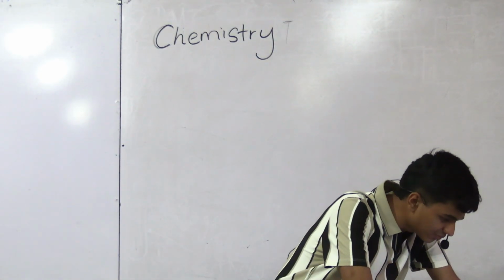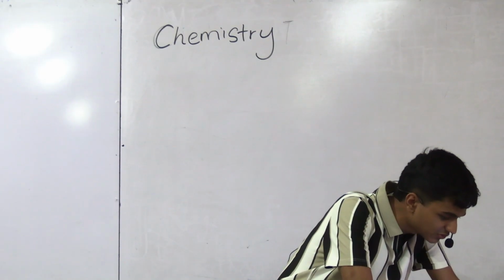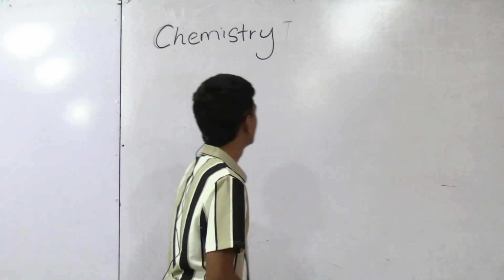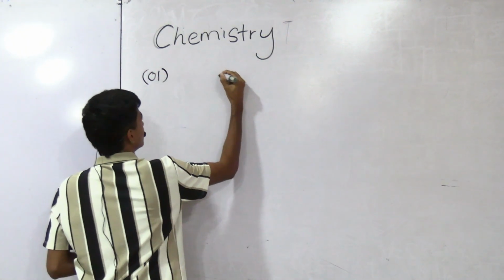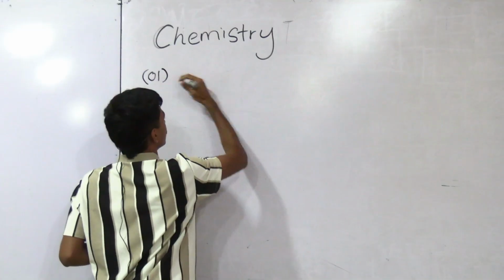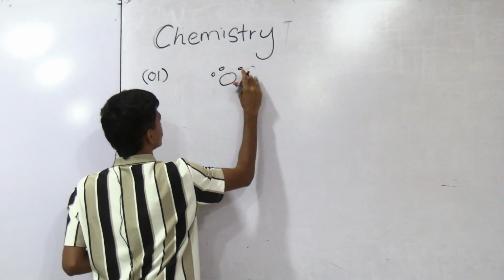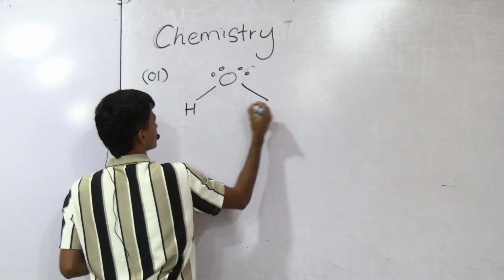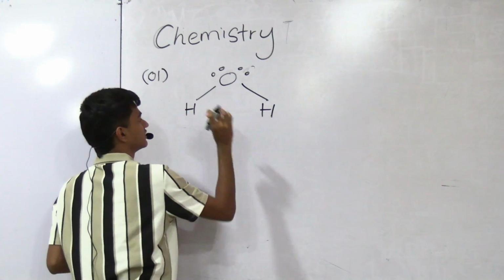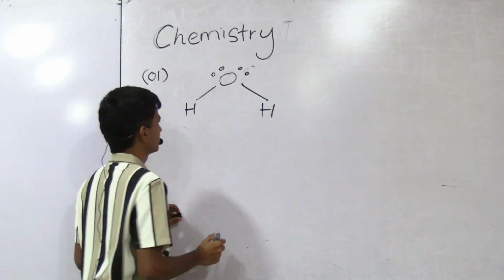The number of lone pairs of electrons around the oxygen atom in an H2O molecule is. So we know that the H2O molecule looks like this when drawn, right? So this bond pair represents 2 electrons.